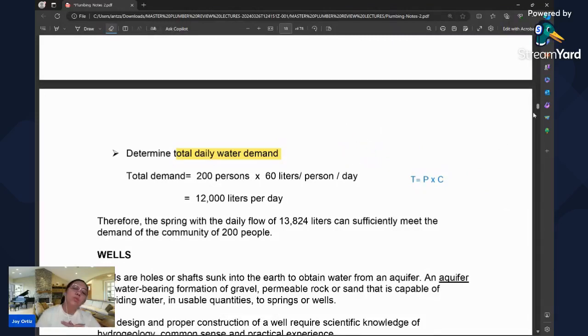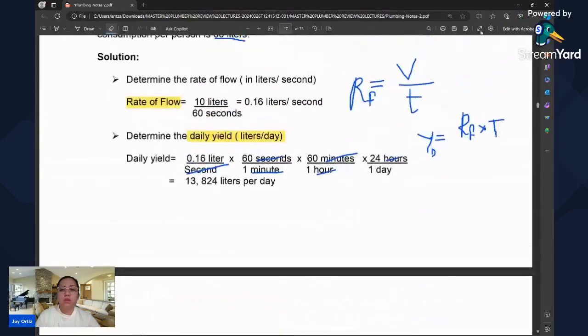So, therefore, the spring with the daily flow of 13,824 liters still sufficiently meets the demand of the community of people. So ito tatandaan din natin: Y equals R times P. Para natatandaan natin.